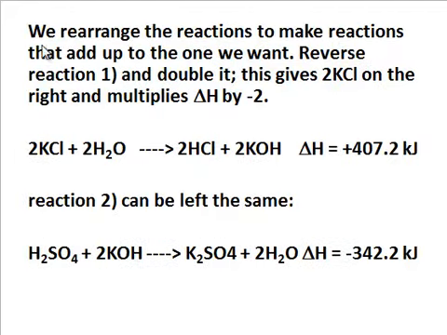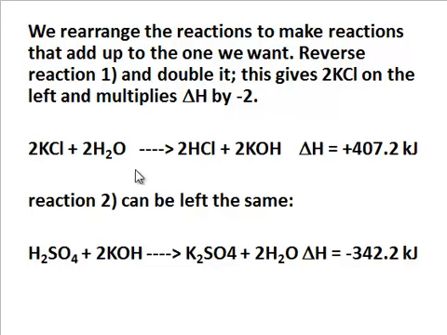We rearrange the reactions to make reactions that add up to the one we want. Reverse reaction 1 and double it. This gives us 2 KCl on the right and multiplies delta H by -2. I'm sorry, it gives us 2 KCl on the left. Left, not right.